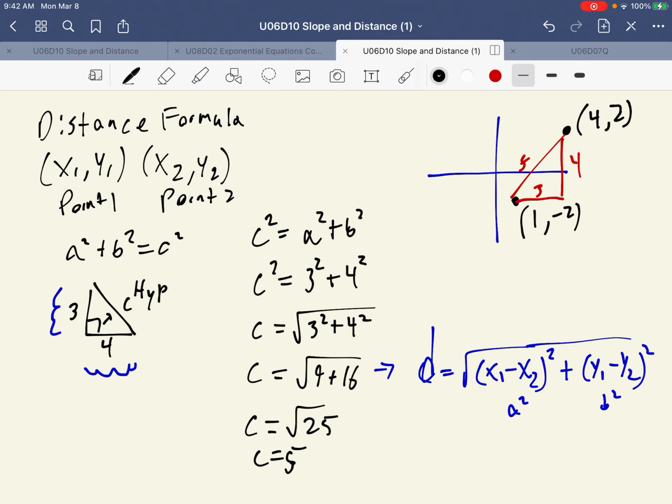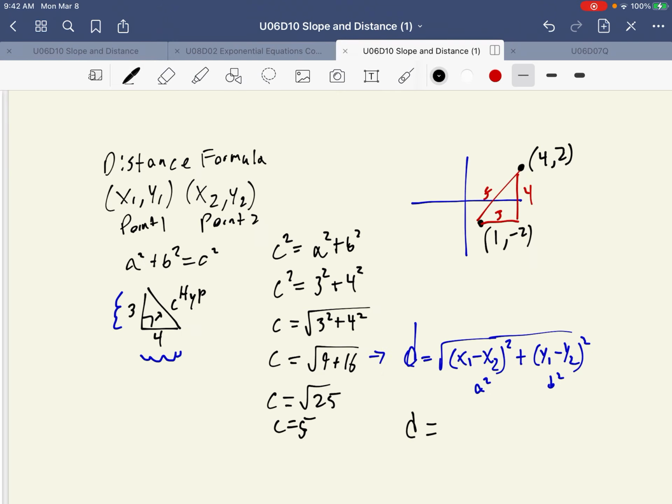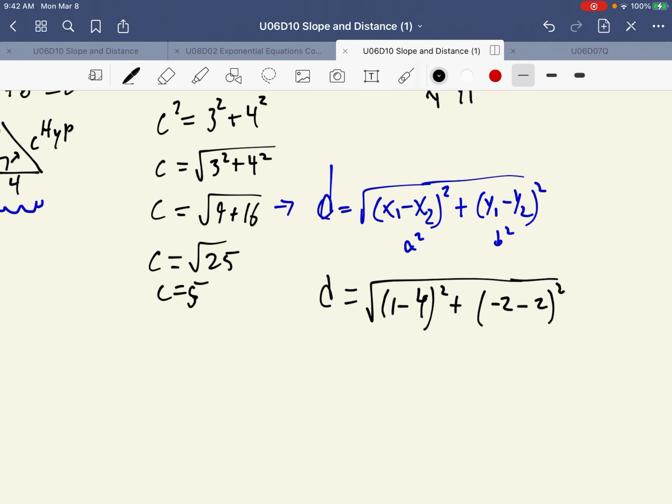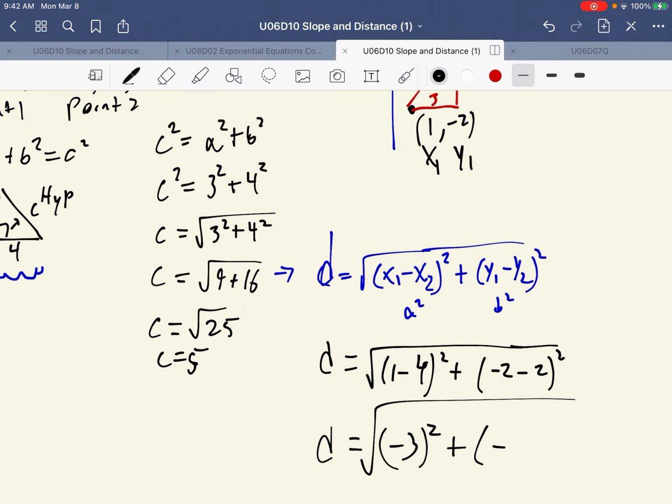But using the formula, we're just going to calculate that all in one shot. So the distance is going to be equal to the square root of x1 minus x2, so that's 1 minus 4 squared, plus the distance between y1, which is negative 2, minus y2, which is 2, squared, which is going to be the distance here, which will be negative 3 squared, and negative 4 squared.